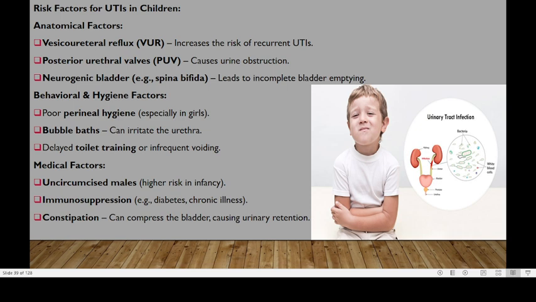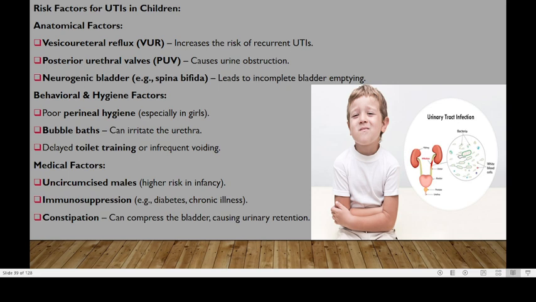Those are some of the anatomical risk factors. For behavioral and hygienic factors, we could talk of poor perineal hygiene, especially in girls, and bubble baths, which normally irritate the urethra, as well as delayed toilet training or infrequent voiding.